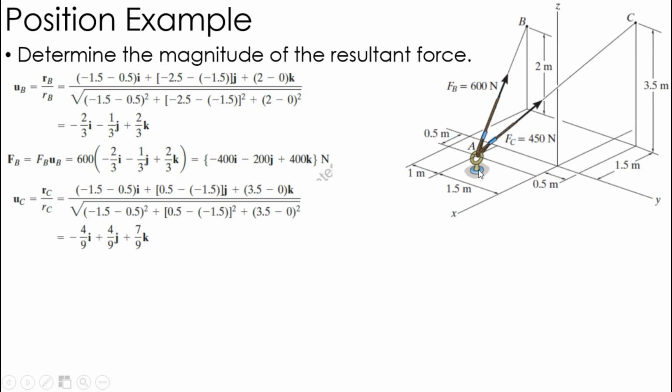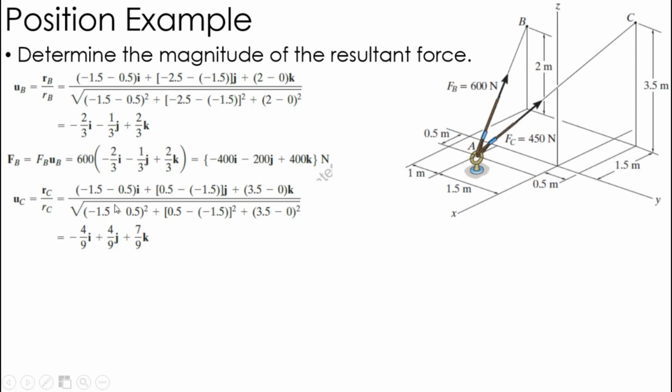So in the x direction, I move 0.5, so I move -2 in the x direction. In the y direction, I move 1.5, so I move 2 in the y direction. And in the z direction, I go from 0 up to 3.5, so I get 3.5 k.